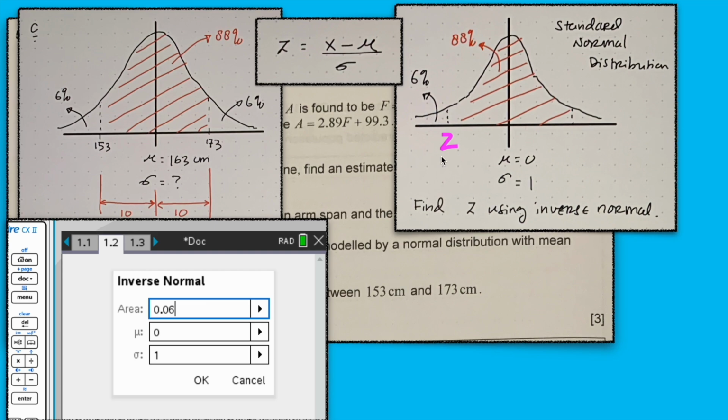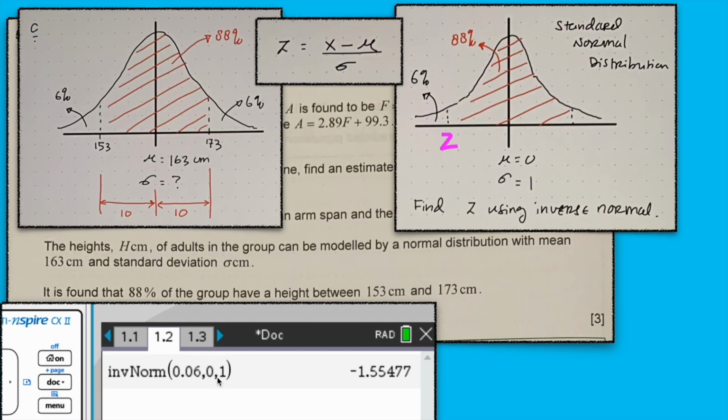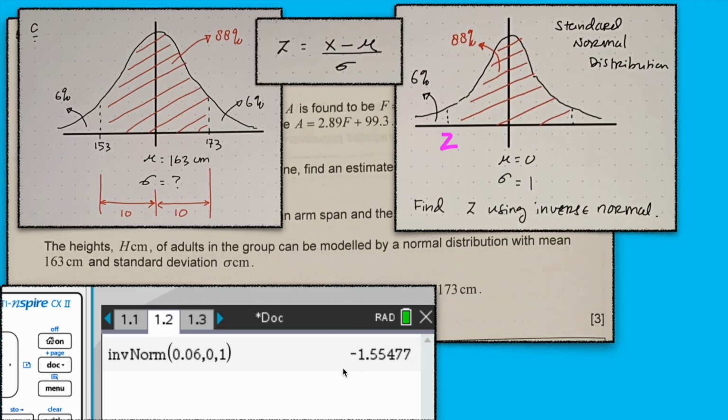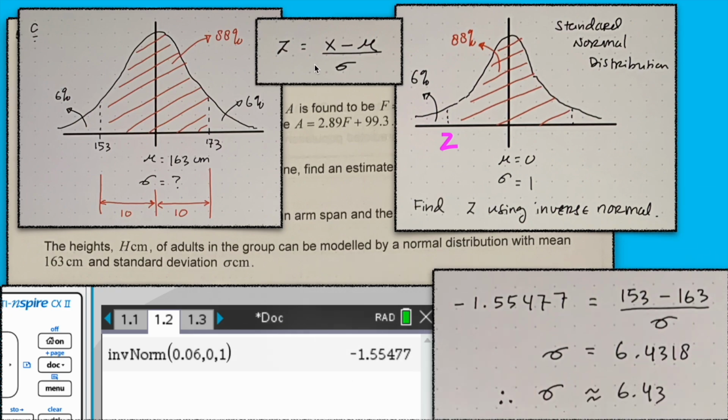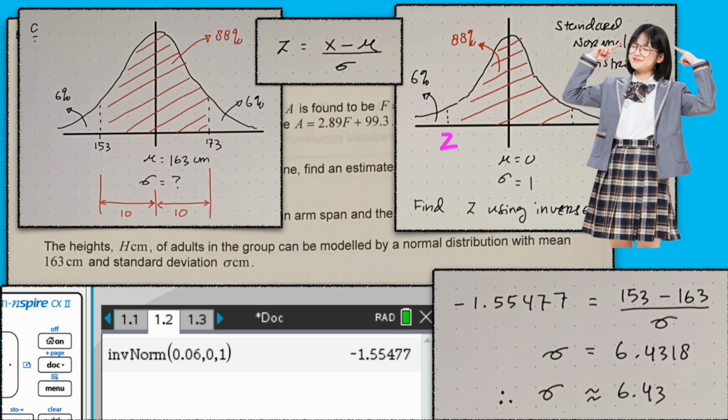So the area to the left of the z-score is 0.06. The mean in standard normal is again 0. The sigma in standard normal distribution is 1. Then click OK. Then you get z equal to negative 1.55477. Put this value into this formula, and then you can find sigma. So sigma, or standard deviation, is approximately equal to 6.43.